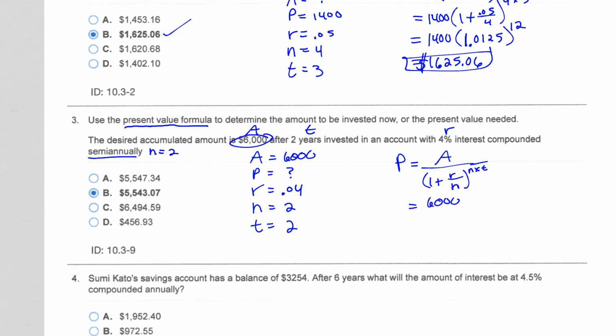So 6,000 divided by 1 plus 0.04 divided by 2, raised to the 2 times 2 power. So basically 1.02 raised to the 4th power. Put this in your calculator, and you're going to get 5,543 and 7 cents. There he is.